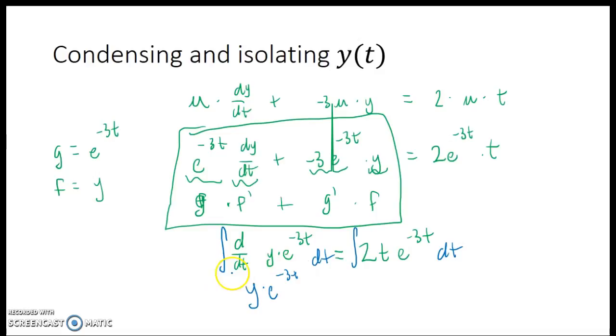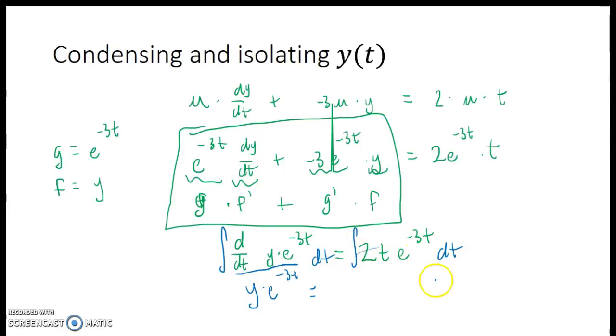If I take a derivative of y e to the negative 3t, and then I take its integral, I end up with the original function back. So I didn't have to do any work on integrating this. It was simply a cancellation of the integral and derivative. They're essentially inverse operators.